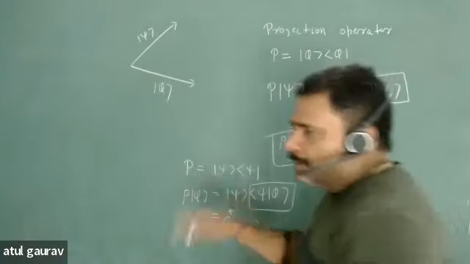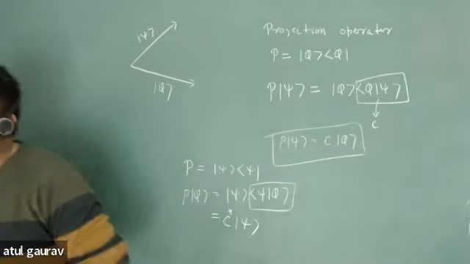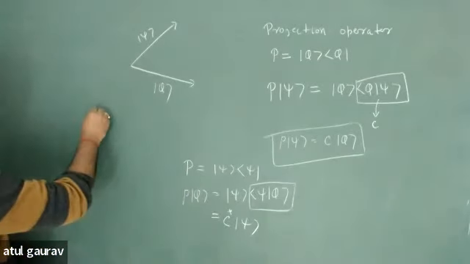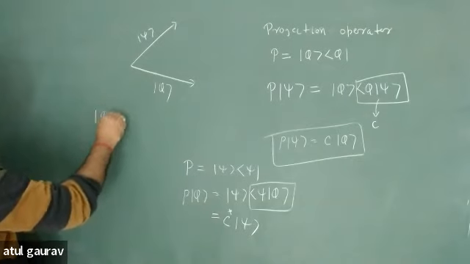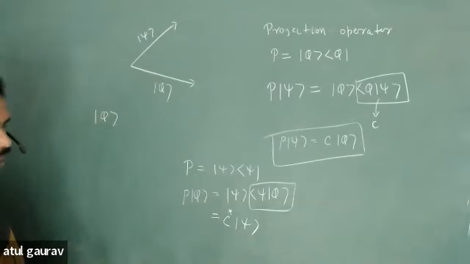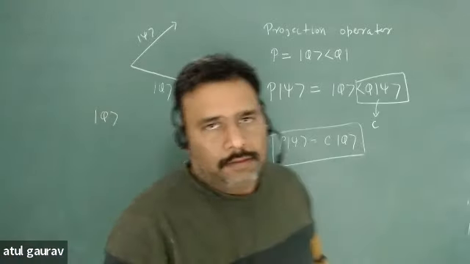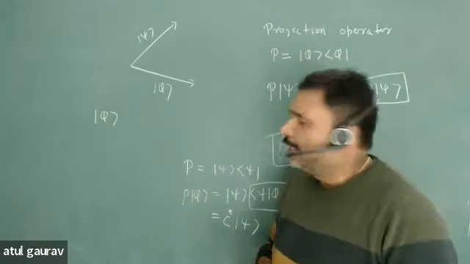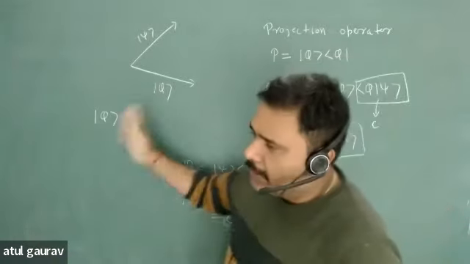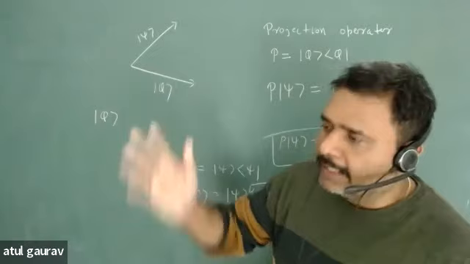Now you can verify yourself also. What will be the projection of phi on itself? Phi, the same vector. Just listen very carefully. What will be the projection of phi in the direction of phi?